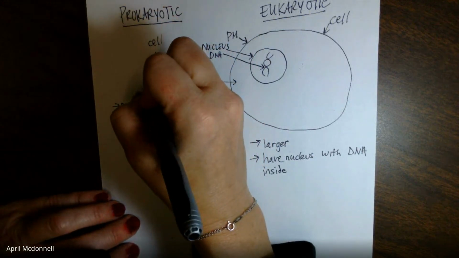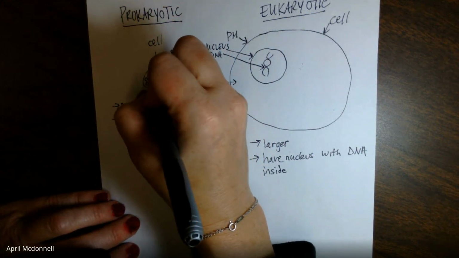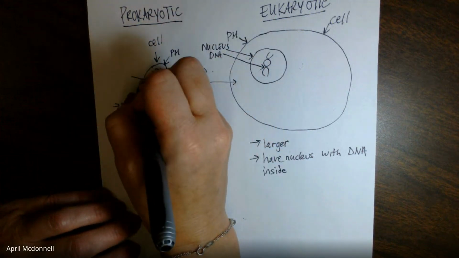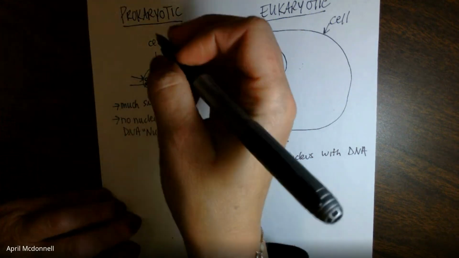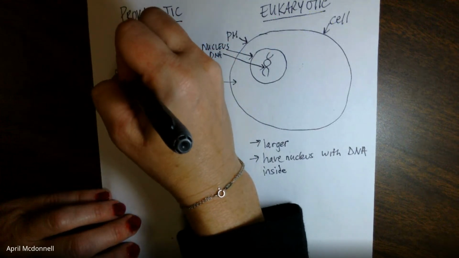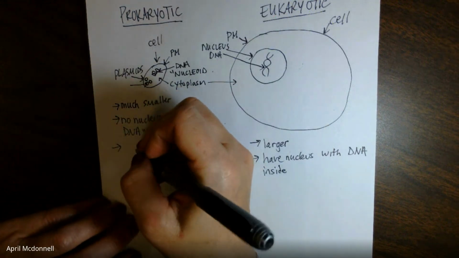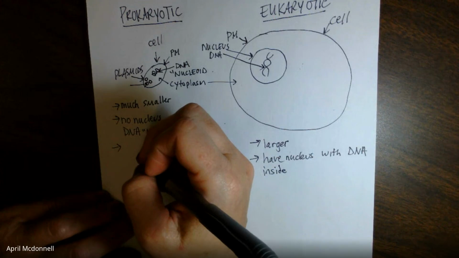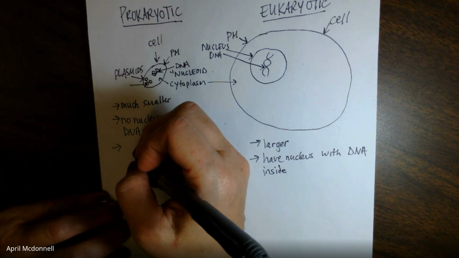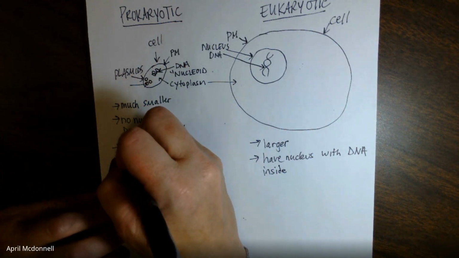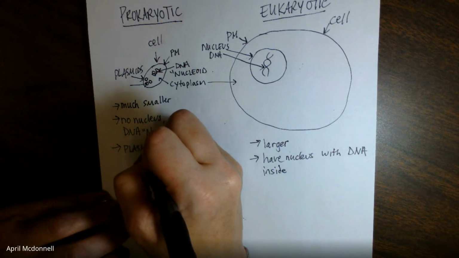The prokaryotic cell has additional pieces of DNA that appear as small rings. These are going to be called plasmids. The bacterial cells, which is a type of cell that falls under the group of prokaryotic cells, contain plasmids.